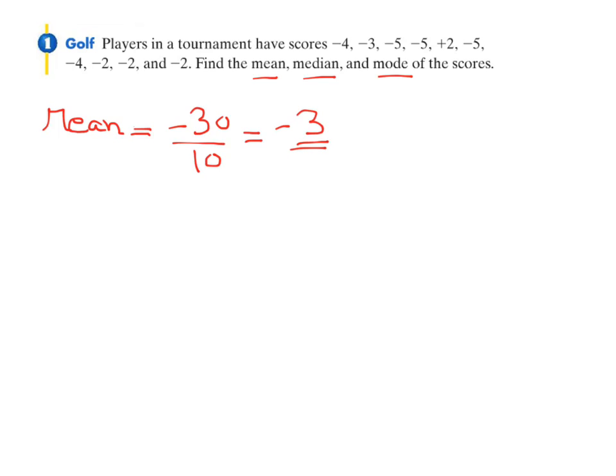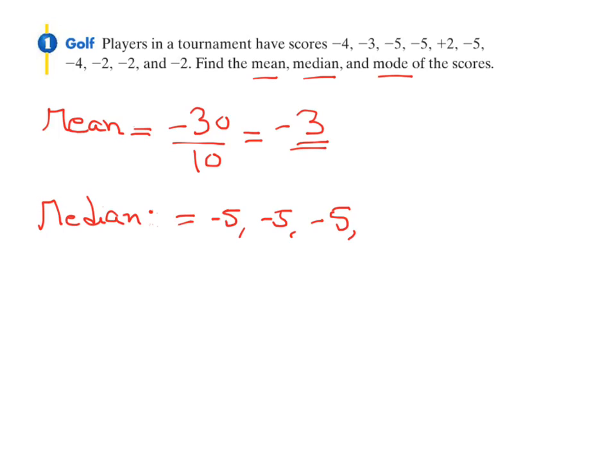Let us find the median. In order to find the median, we need to arrange the values in increasing order. So which is the smallest number? -5. So -5, -5, -5.